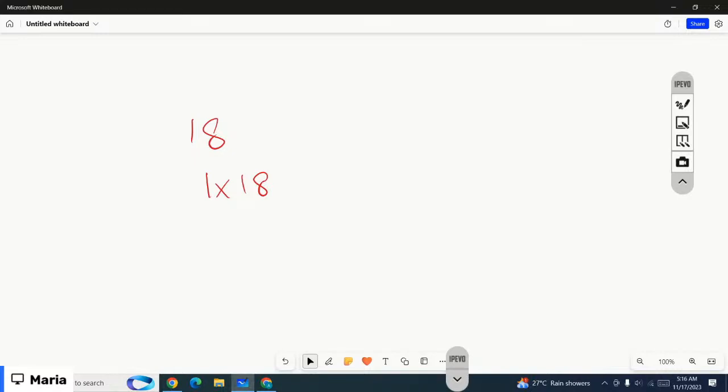Do we have any? Yes, 9 times 2 makes 18. So 18 is not a prime number. 18 is a composite number because 18 has more than two factors.